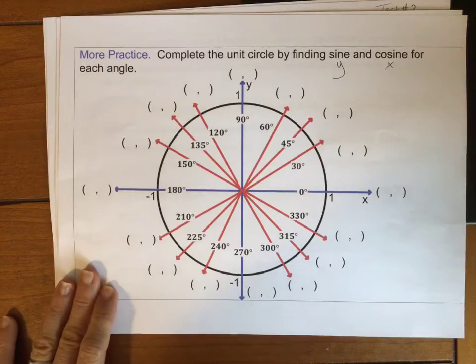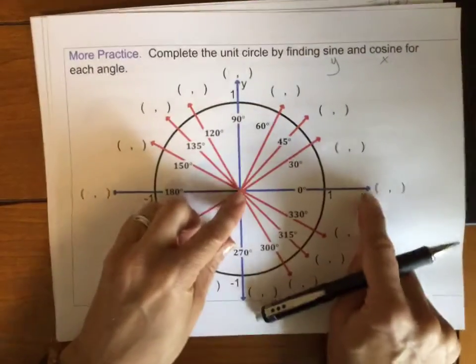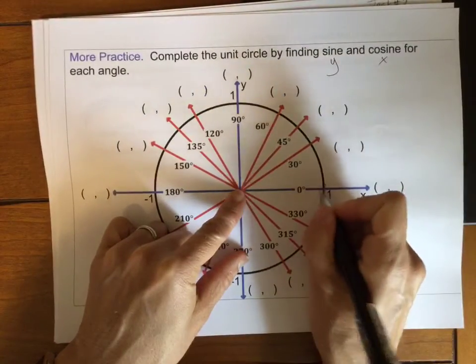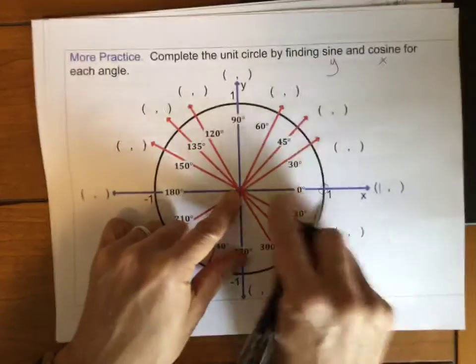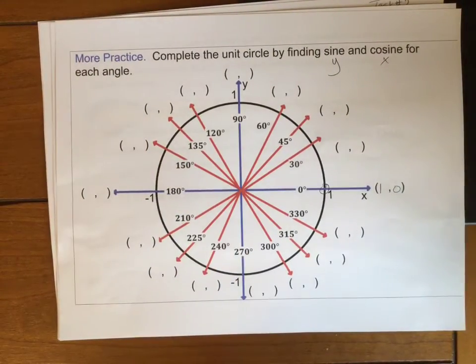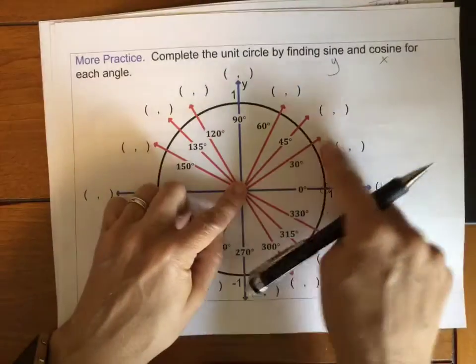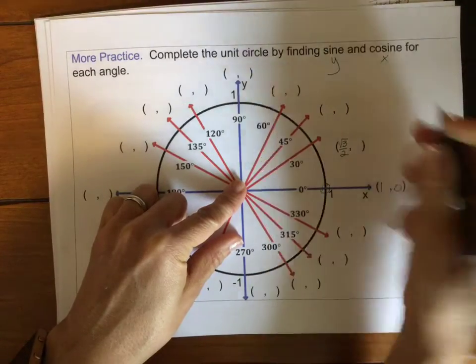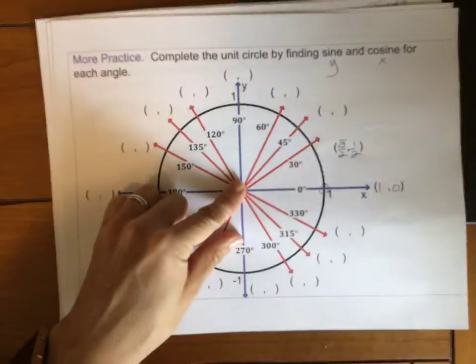So here at 0 degrees, my x value is 1, notice, and what's my y value? It's 0. So we're just going to fill that in. We already did our 30 degrees. We know that the long side was the x side and the short side was y.